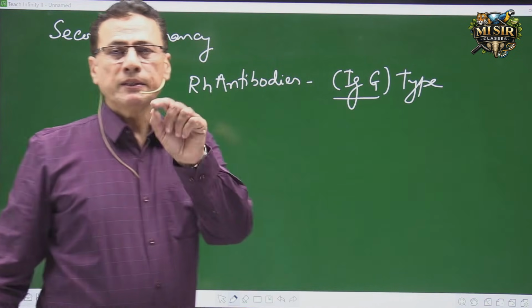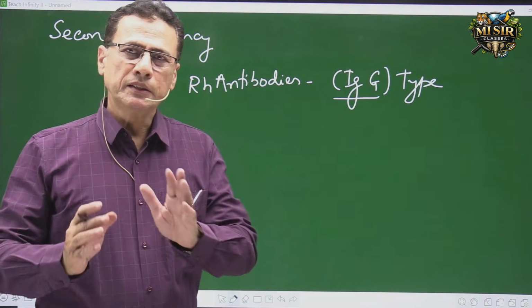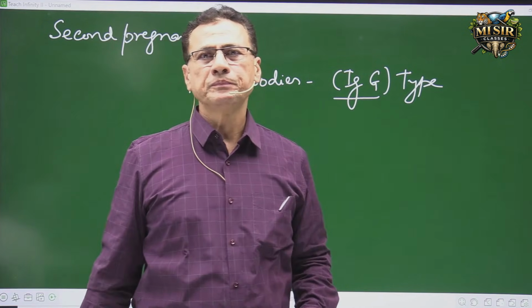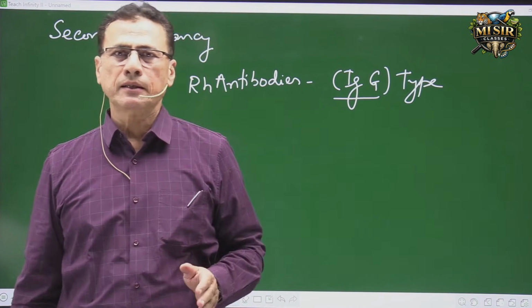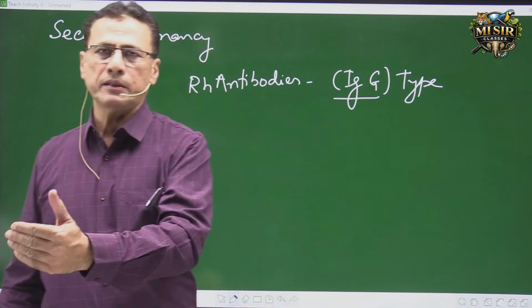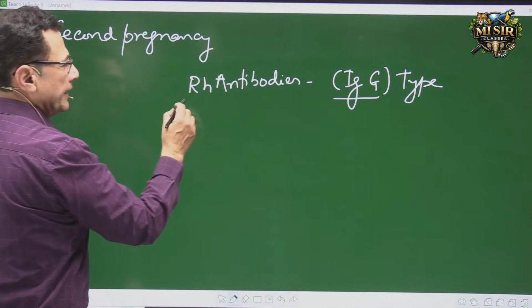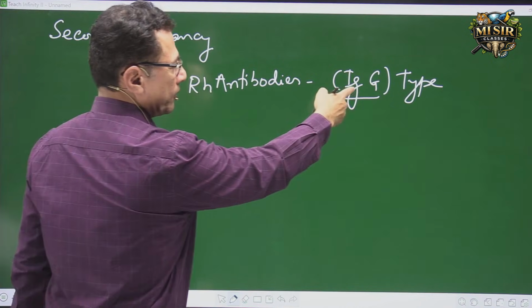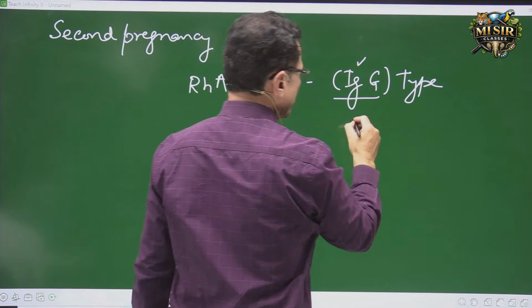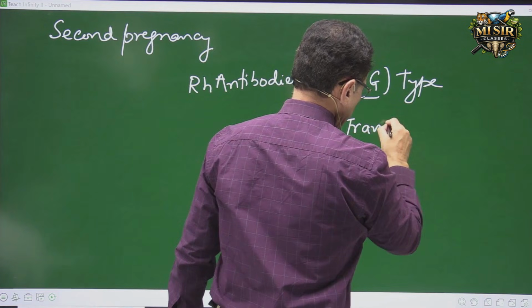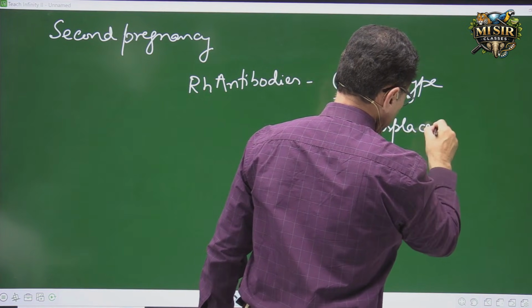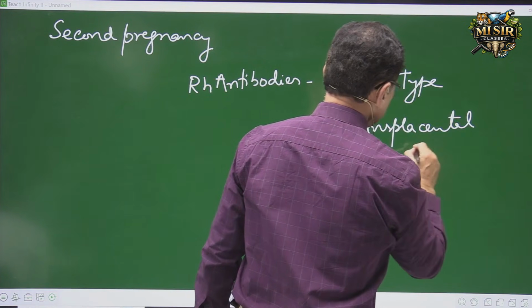They are transplacental antibodies. They can cross the placenta and they can reach to the fetus through umbilical cord and placenta. Rh antibodies, they are of IgG type, means they are transplacental antibodies.